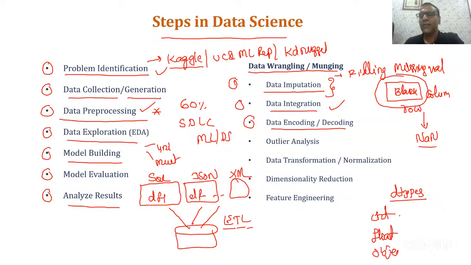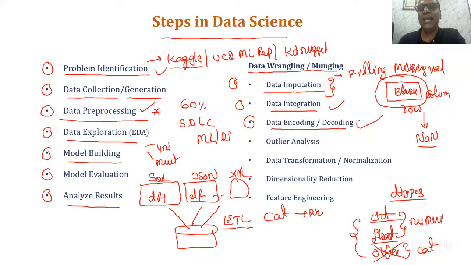Integer data and float data are called numerical data, and object data is called categorical data. But one important point is that all ML libraries deal only with numerical data, not object data. The basic purpose of data encoding is to convert your categorical data into numerical data. This process is called data encoding. I'll discuss it one by one.